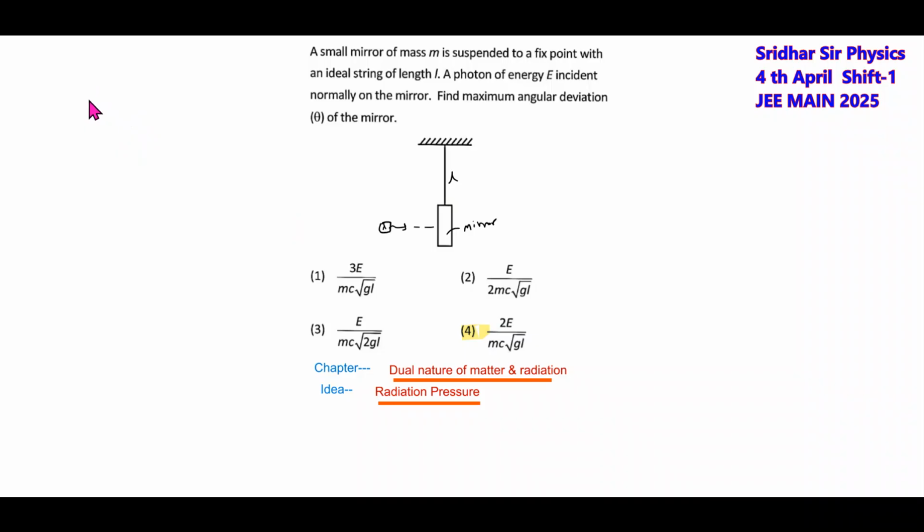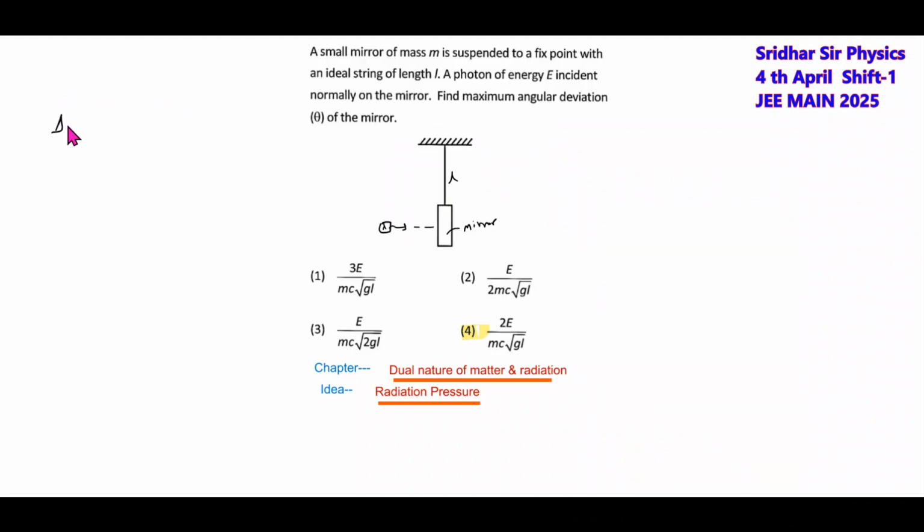So what is the change in momentum of the photon? E is the energy of the photon. Energy by speed of light will be the momentum, the formula.